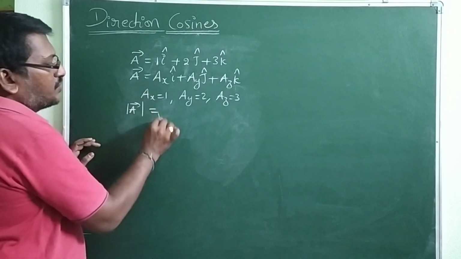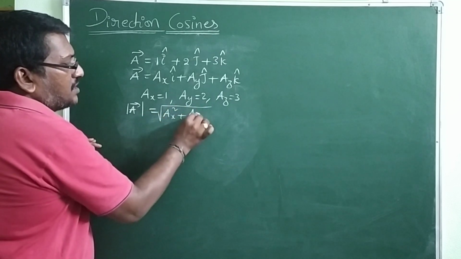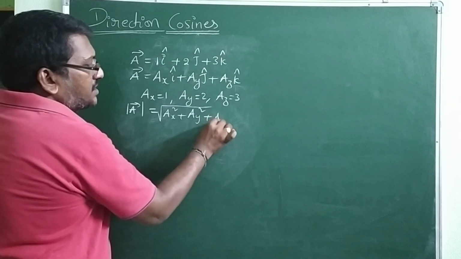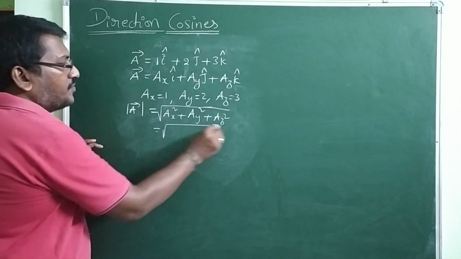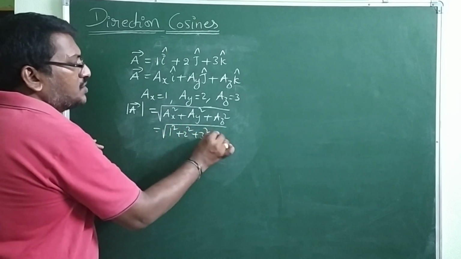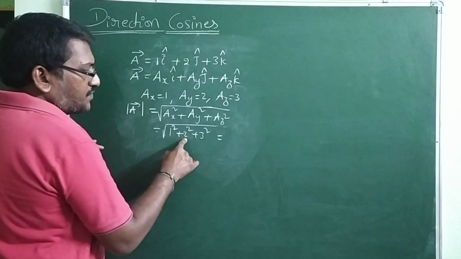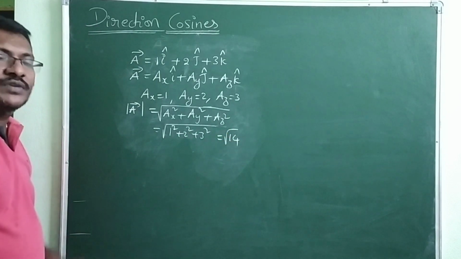Modulus of A bar, Nana. You can write the formula root of ax square plus ay square plus az square. So from that what you get here? Root of 1 square plus 2 square plus 3 square. So you got here now 9 plus 4 13 plus 1, root 14. That is the magnitude of the vector.